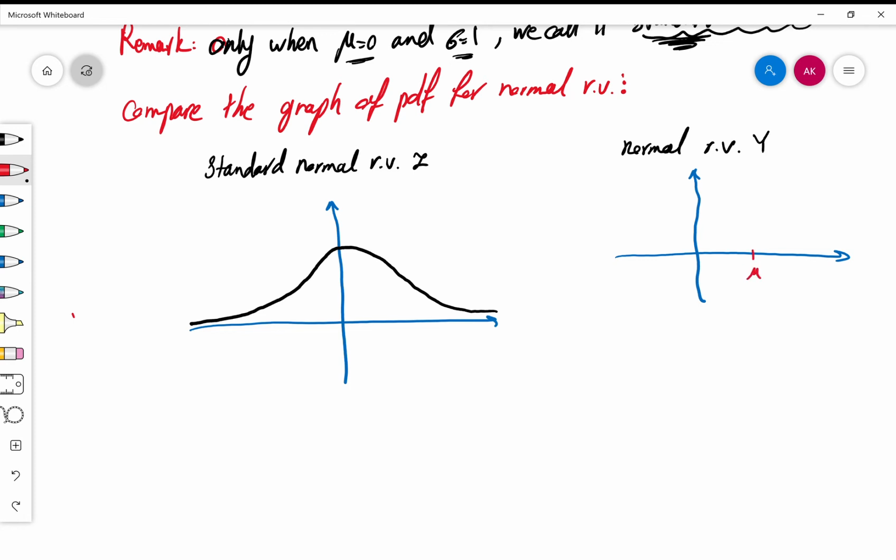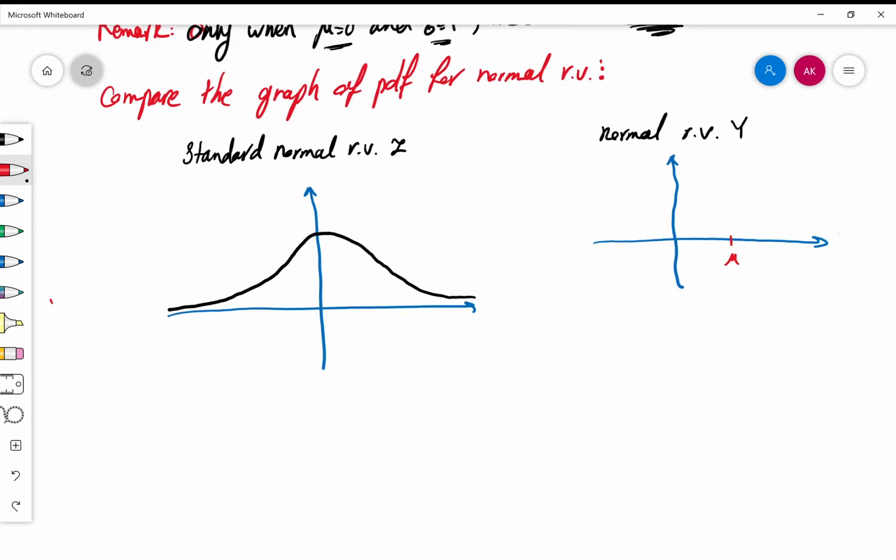So if this is mu, then we're still going to have a bell-shaped graph, but the symmetry won't be on the y-axis anymore. It will be at the line x equal to mu.